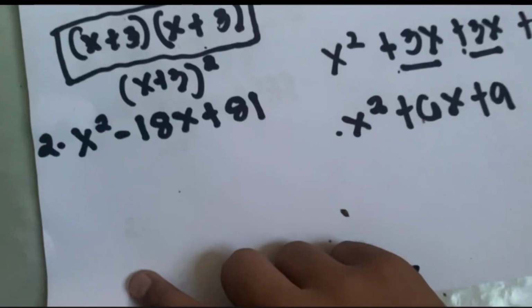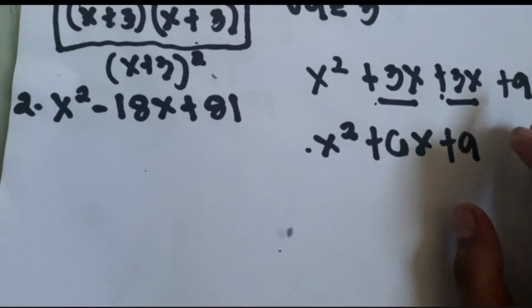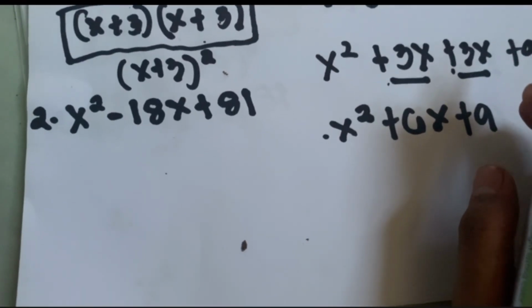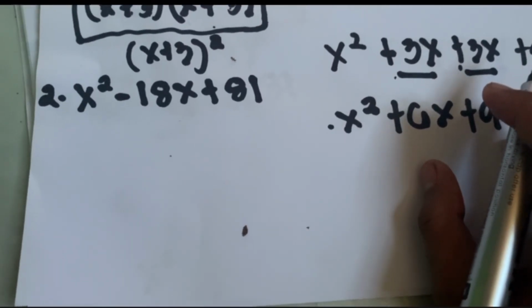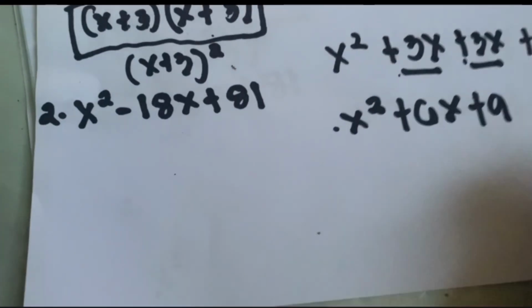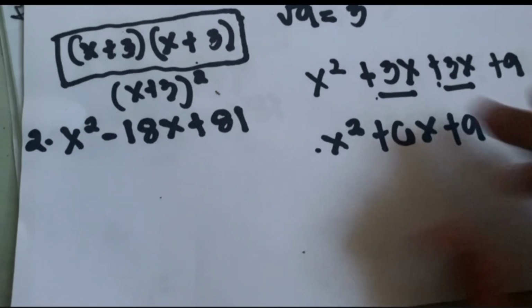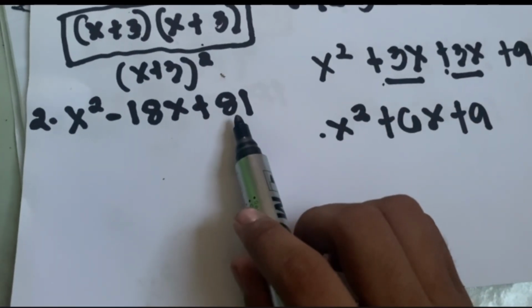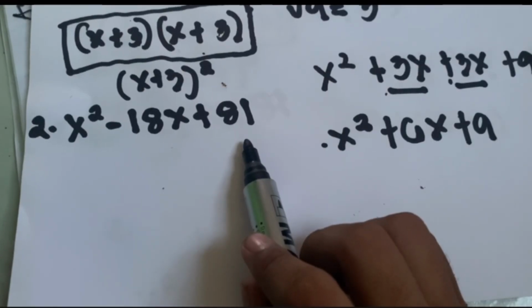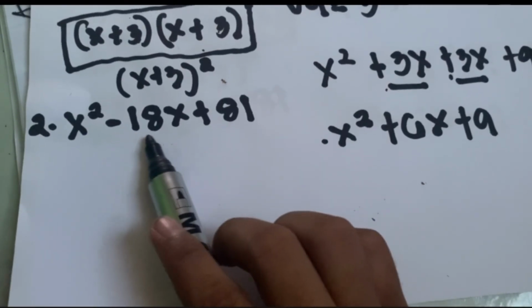Now let's move on to problem number 2, which is x squared minus 18x plus 81. It is also a perfect square trinomial because, as you can see, the square root of 81 is 9. If we multiply it by 2, the answer is 18.